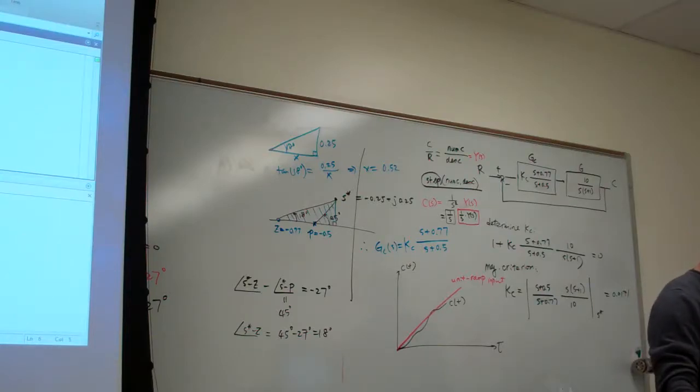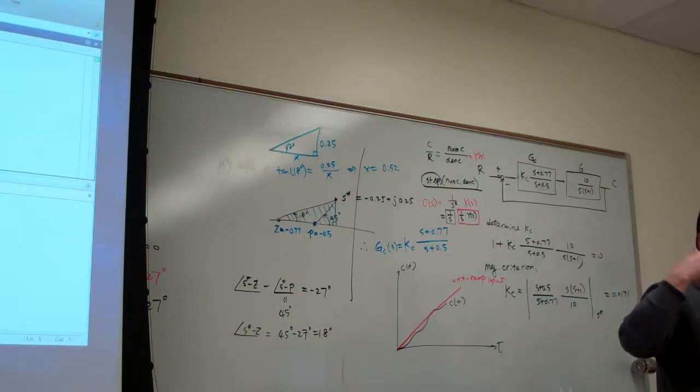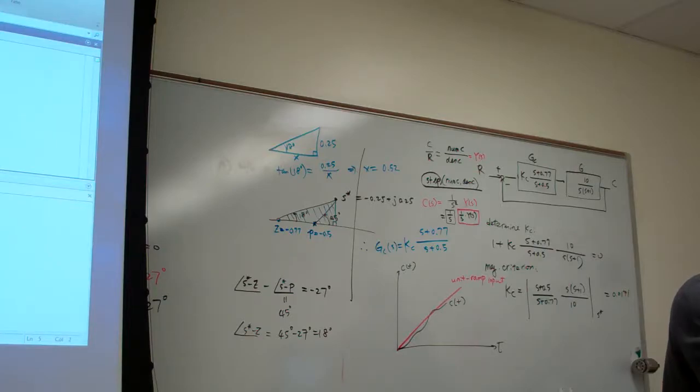Here I'm kind of working step by step backward. So here we will have the denominator for the closed loop system, and we will have the numerator for the closed loop system.